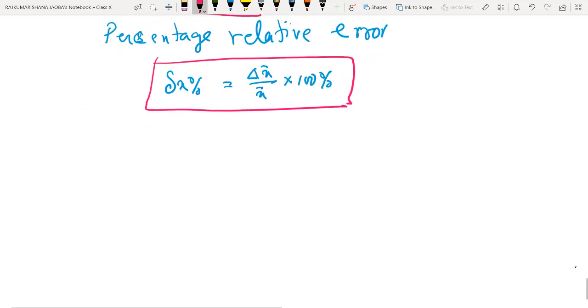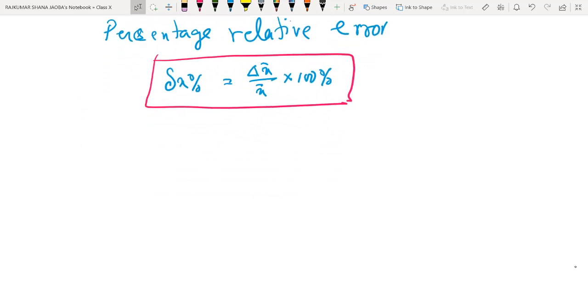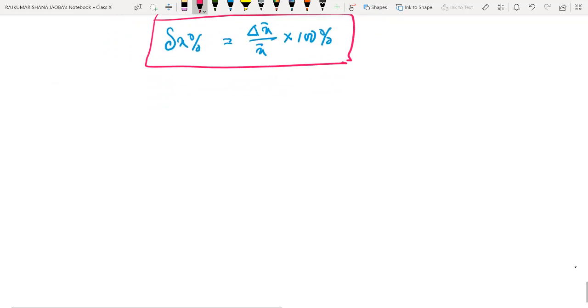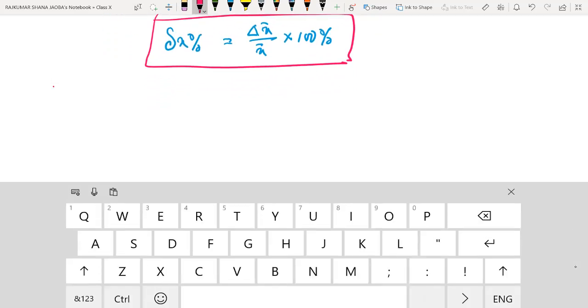Now we can take up an example. Say exercise.